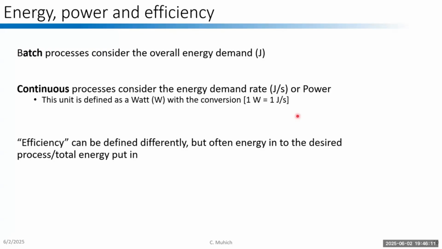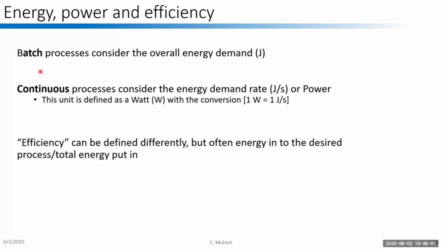If I think about power, that's a watt, which is a joule per second. A batch process, right? We're not thinking about how much, it's just the total energy going in. In a continuous process, we want to think about an energy demand rate, or how much energy per time is going into a system. We're going to define that as a watt, which is a joule per second.